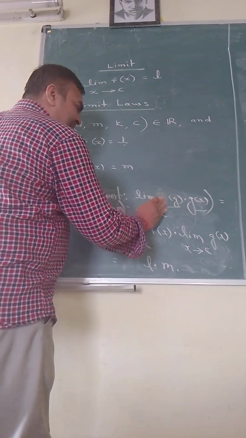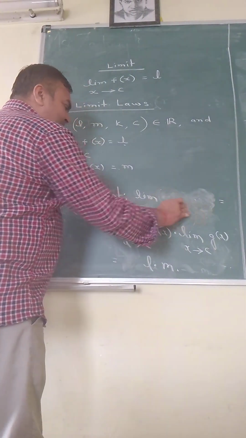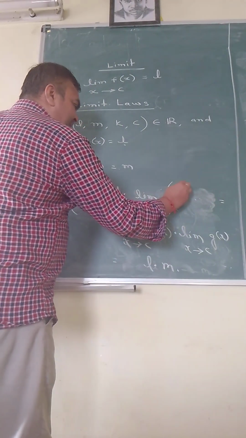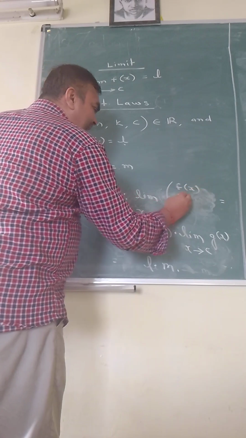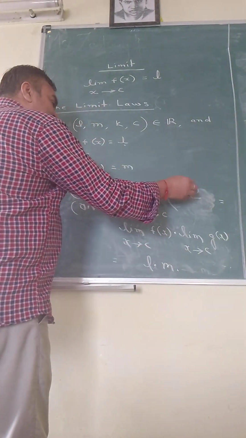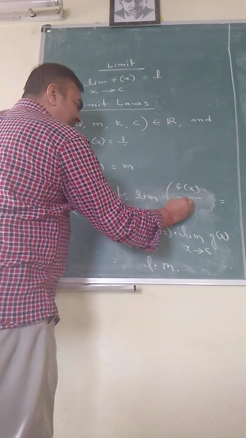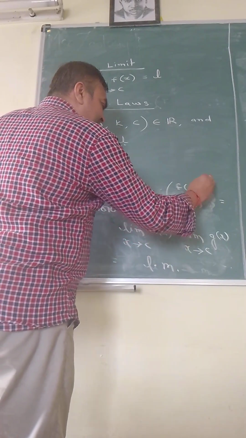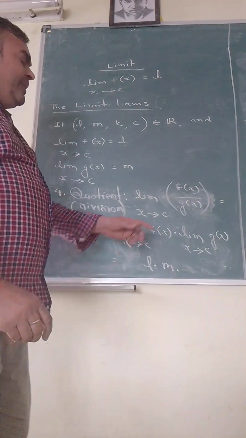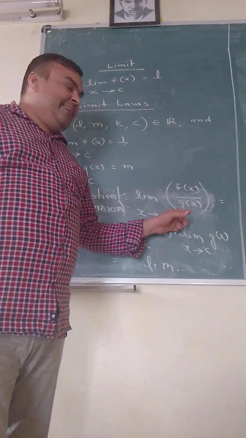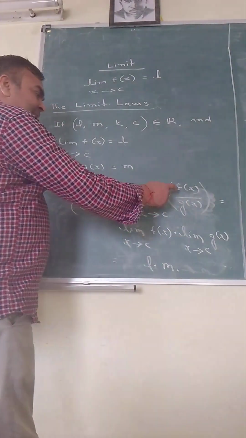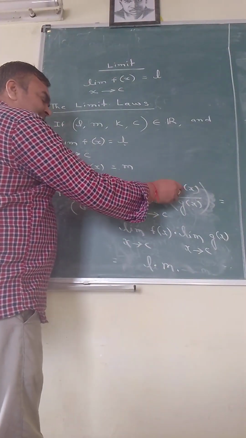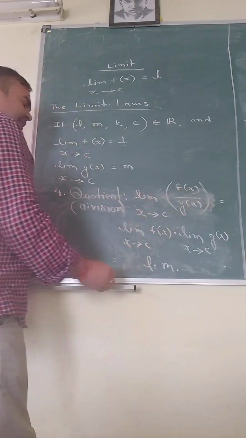How? Here again we write f(x), and it is divided by g(x), meaning g(x) is the divisor. Then there is the division, there is a quotient.